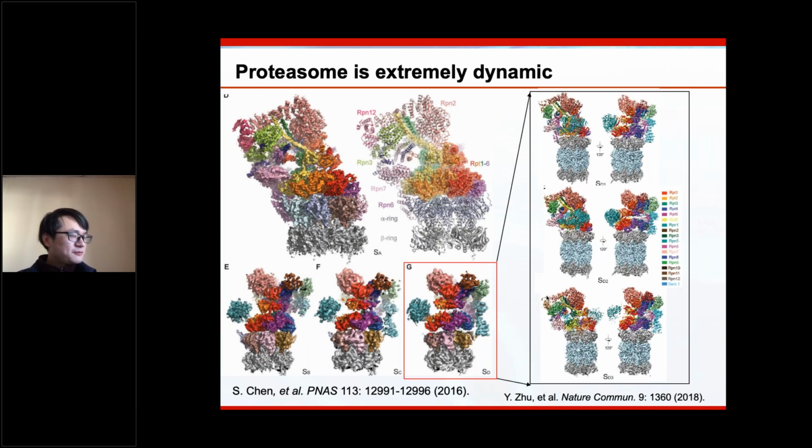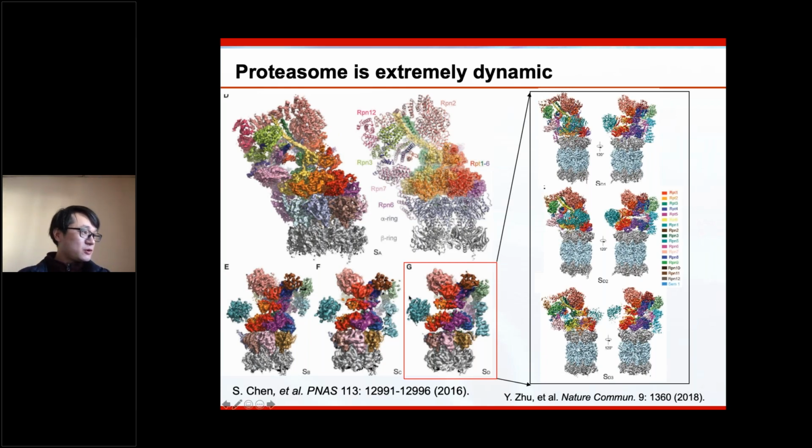About 5 years ago, we first determined the proteasome structure in the absence of substrate and in the presence of ATP. At that point, the PNAS paper reported 4 conformations spontaneously sampled by the proteasome, called the SA, SB, SC, and SD states. The SA state reached about 3.8 angstrom, and it turned out to be a resting state.